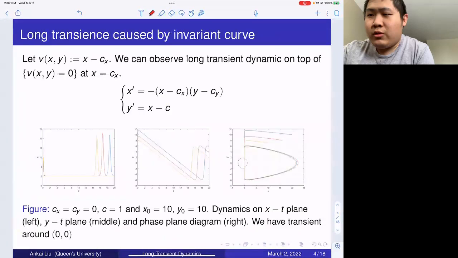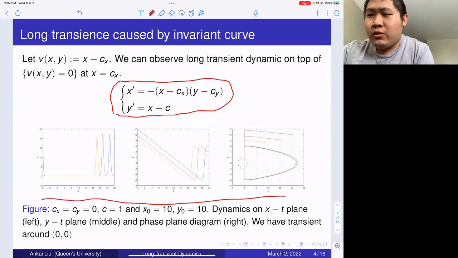Let me give you one example of what we are talking about. Here is a simple dynamical system, and we have three plots. The plot on the left is the x-t plot, the plot in the middle is y-t, and the plot on the right is the phase plane diagram, which is y versus x.